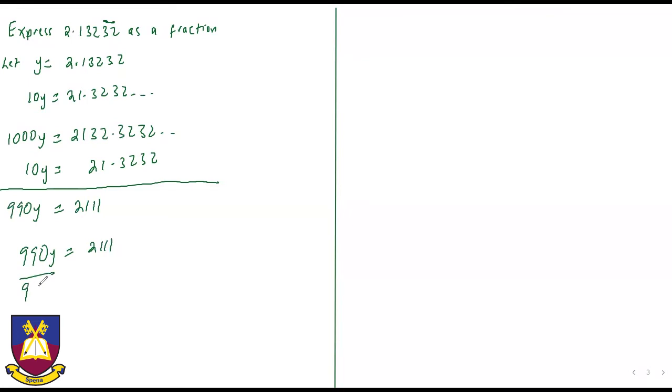Divided by 990, our y is 2111 out of 990. And when you use your calculator, you should be able to get back this recurring decimal. That's how we convert recurring decimals to fractions.